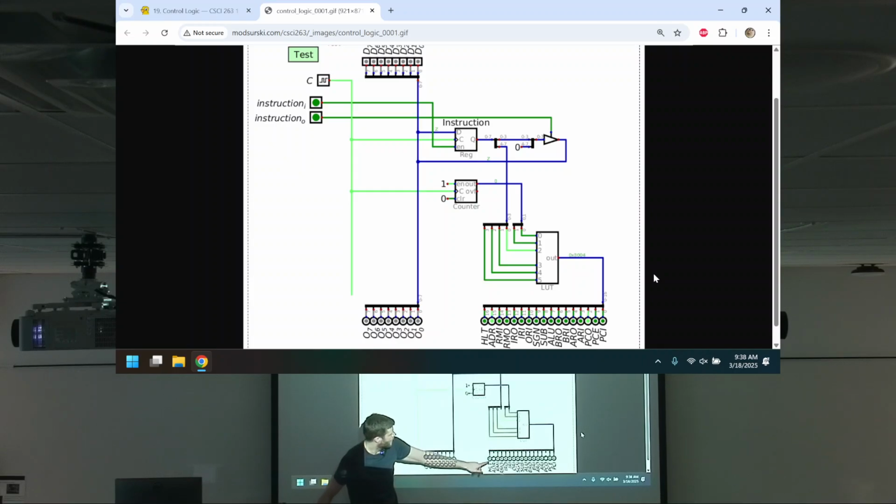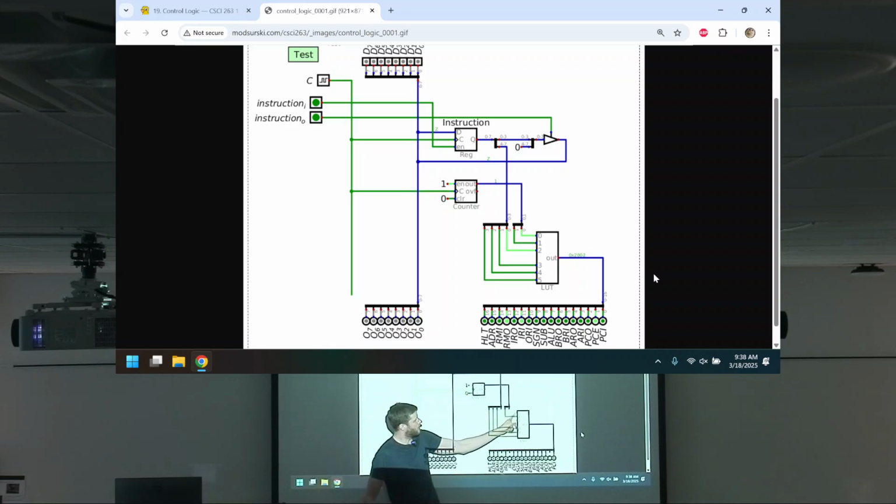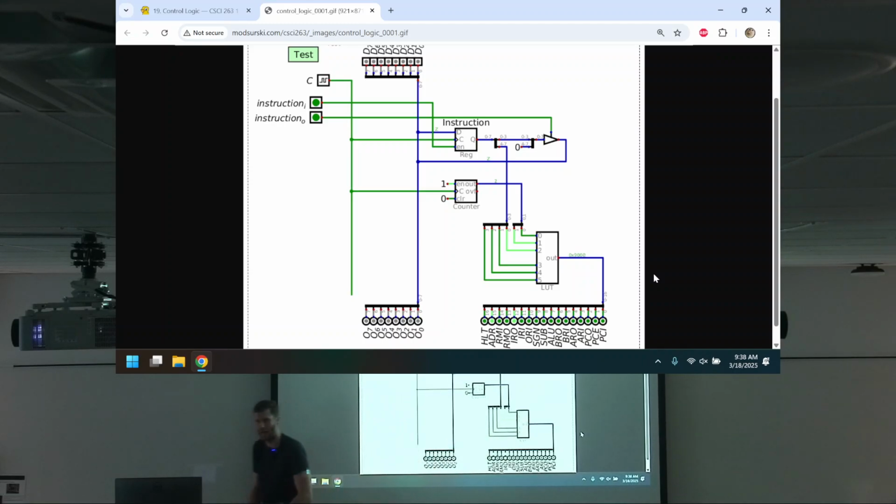So this will be fetch step 1, fetch step 2, instruction register to address register, RAM to A. That's what we're seeing, right? So the instruction is in here. It's saved in. And this little counter here is what's keeping track of what the microcode is. It's the microcode counter. Neat, right?